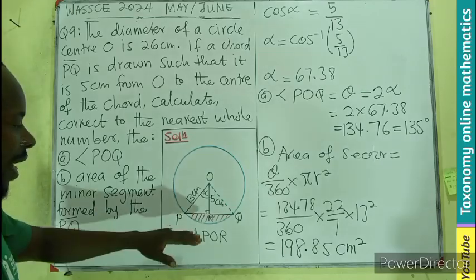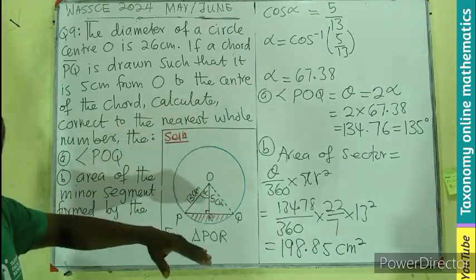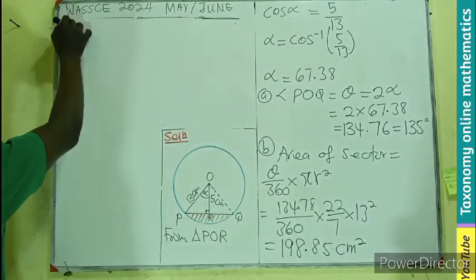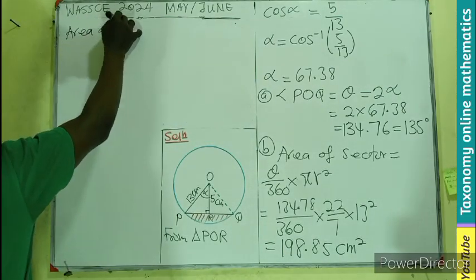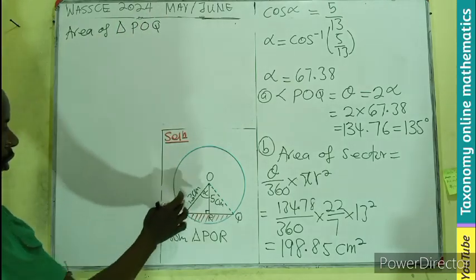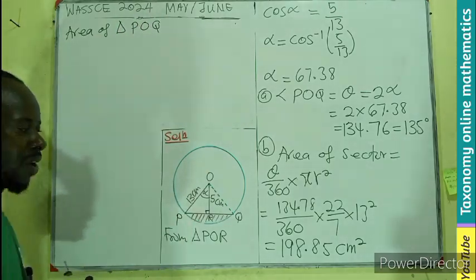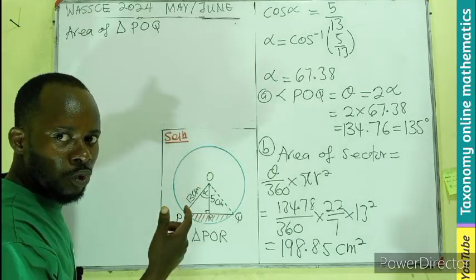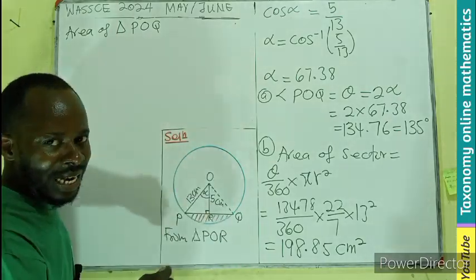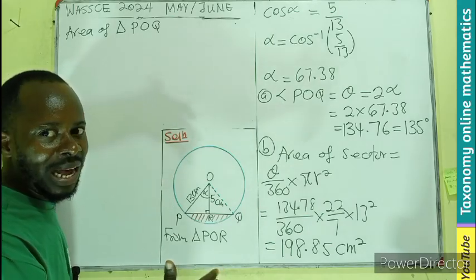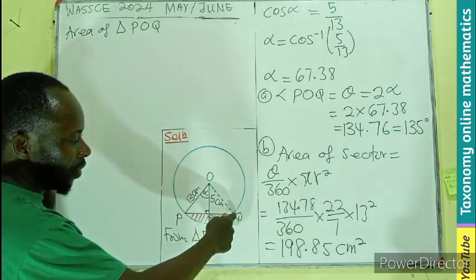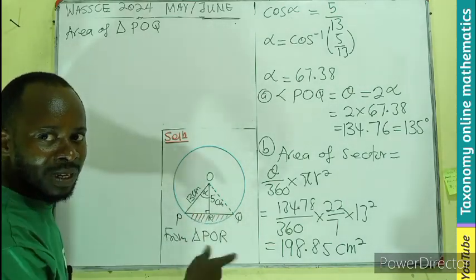The next is to find the area of the triangle POQ above it. This triangle is an isosceles. The isosceles has two sides given with the angle included, so I will not go for half base and height, because I would also need to know the length of the chord.